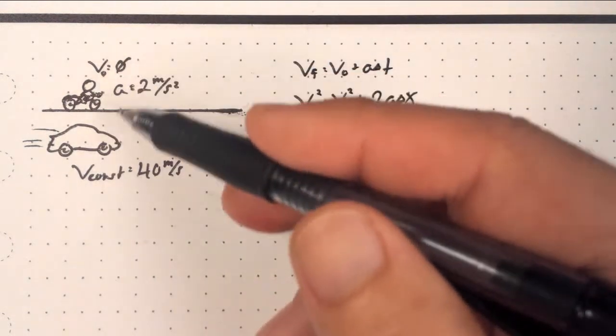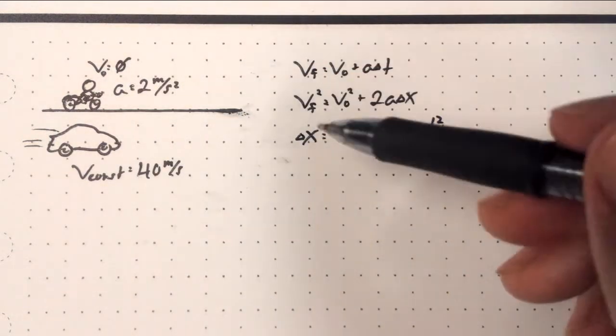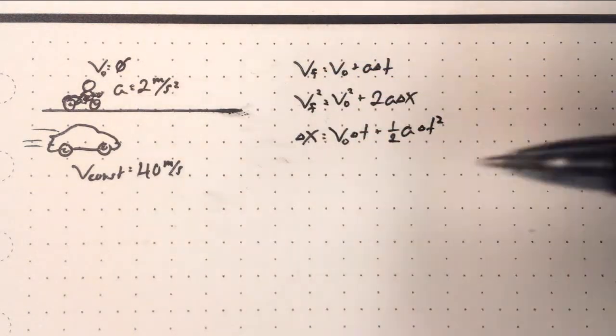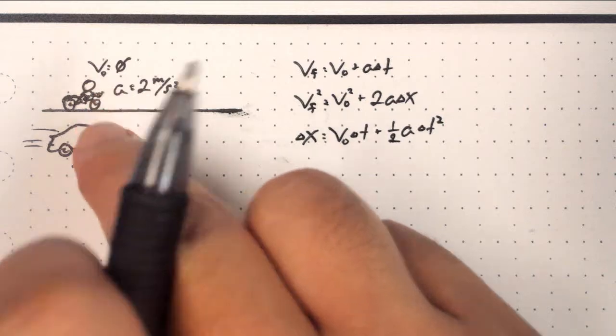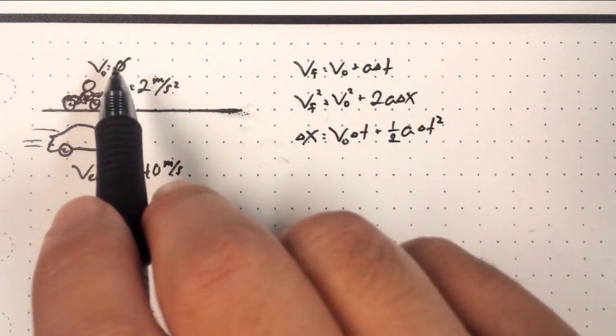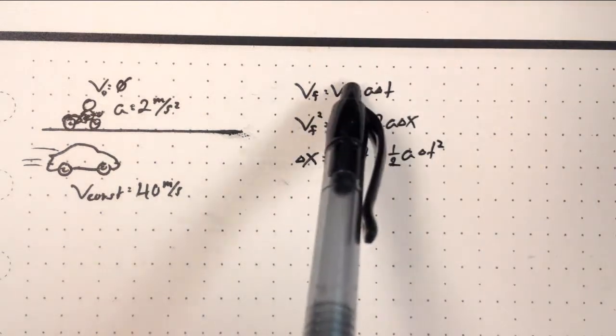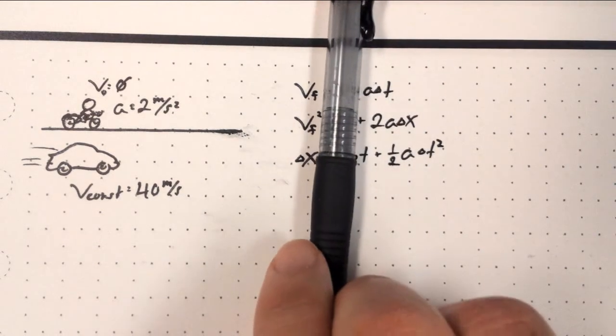So I've got 2 objects, and I've got a set of equations here, and I need to use a set of equations for both of these objects separately. What I know about the cop is that the initial velocity is 0. And if the initial velocity is 0, then all these v zeros here are just 0.